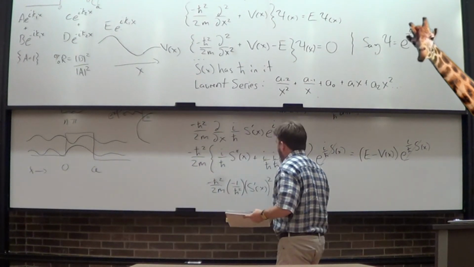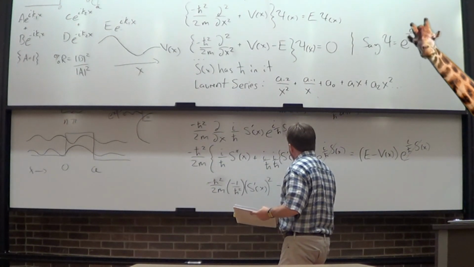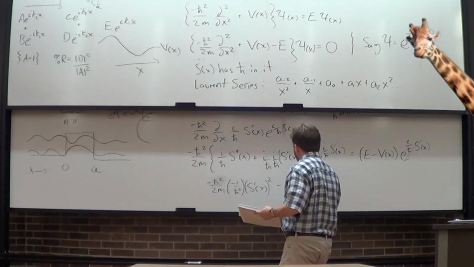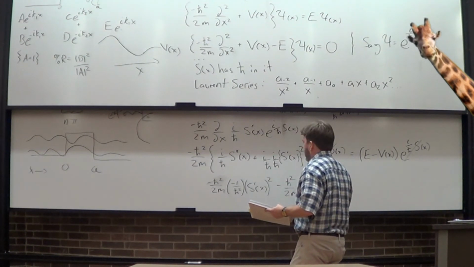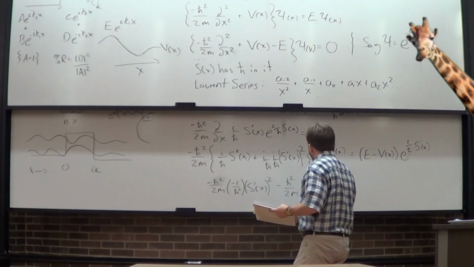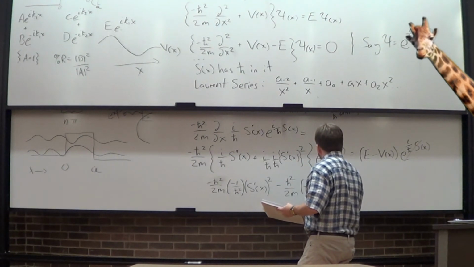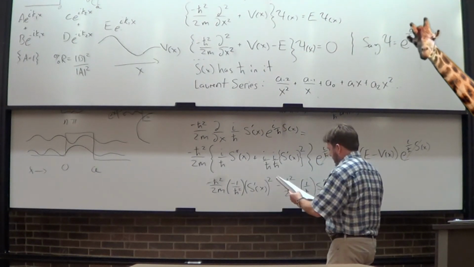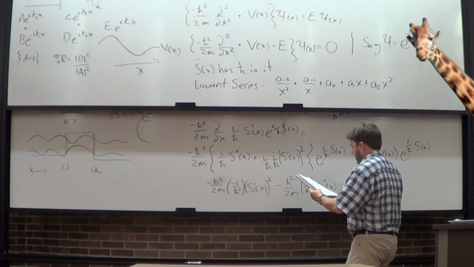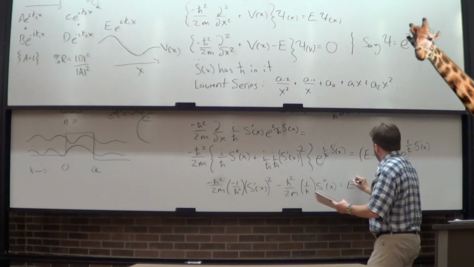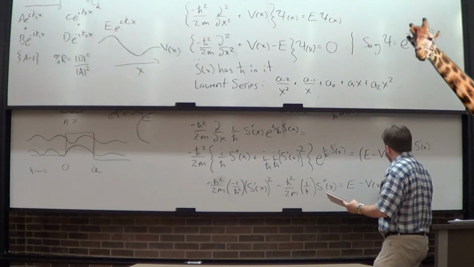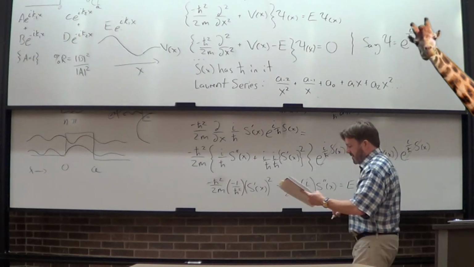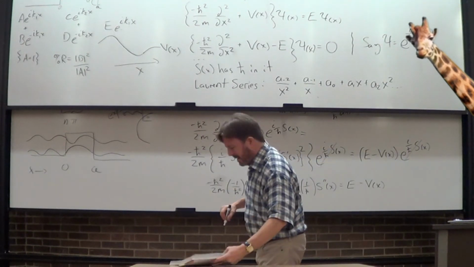Okay, now I've got minus H bar squared over 2m times I over H bar s double prime of x equal to e minus v of x. Right. Okay, next step.